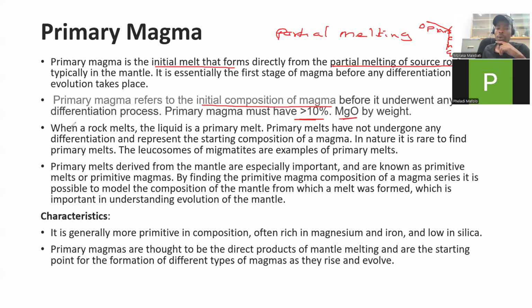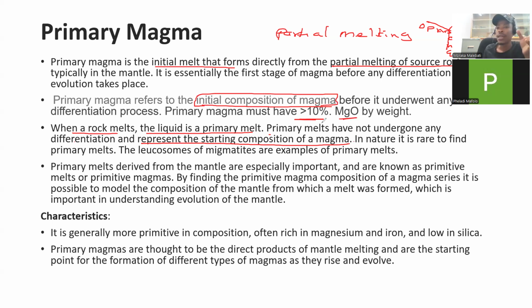So we know that when a rock melts, the liquid is a primary melt, especially if that melt has not undergone any magmatic differentiation. Primary melts have not undergone any differentiation, and therefore they represent the starting composition of a magma. That's why we're saying initial composition of a magma, or the starting composition of a magma.